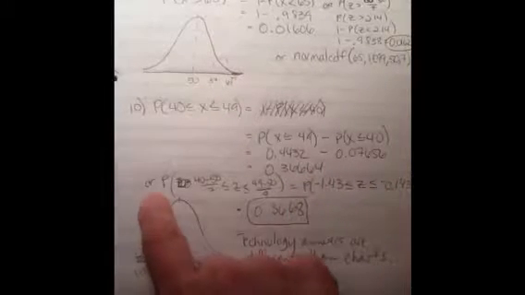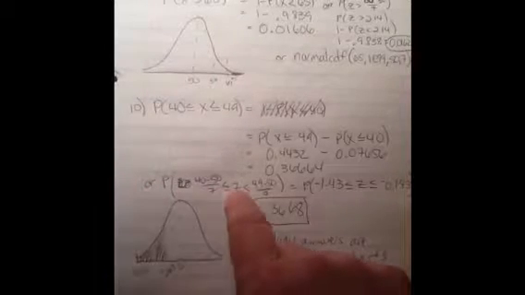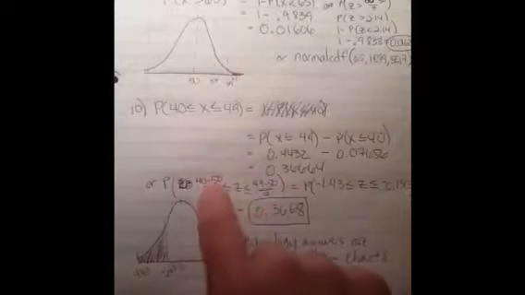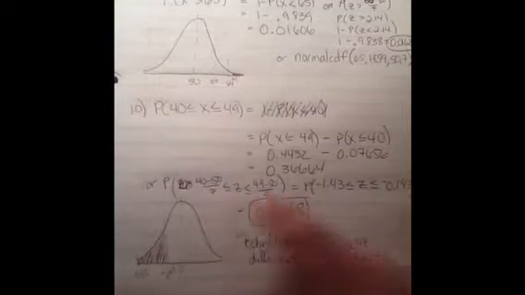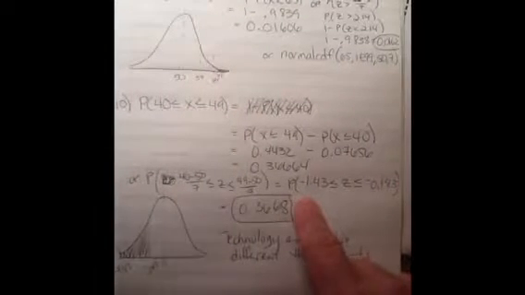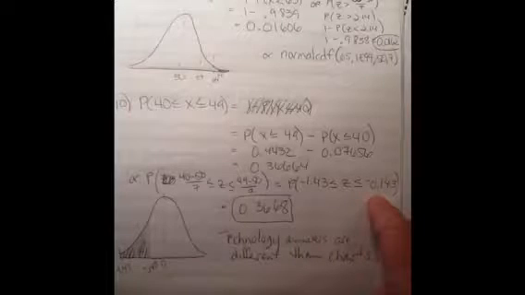Now if I am looking at z-scores, this is what I'm looking for. I'm looking at the probability that z is between these two values. And I use my z-scores. It helps me to remember the z-score formula. And I get that I want the z to be between negative 1.43 and negative 0.143.